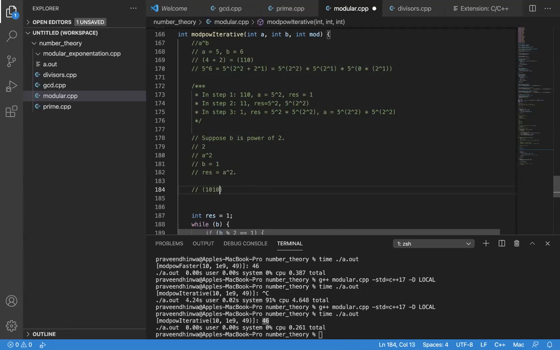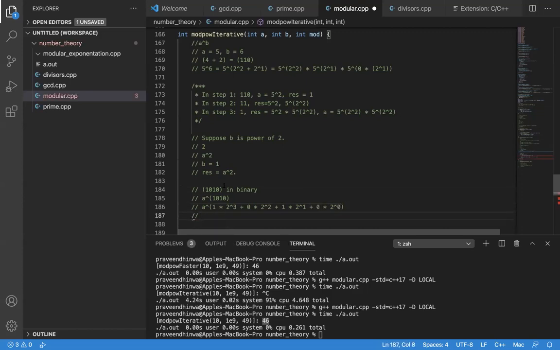If your number is, let's say, 1010 in binary, so A power 1010, you could even say A power 1 times 2 power 3, 0 times 2 power 2, plus 1 times 2 power 1, plus 0 times 2 power 0.